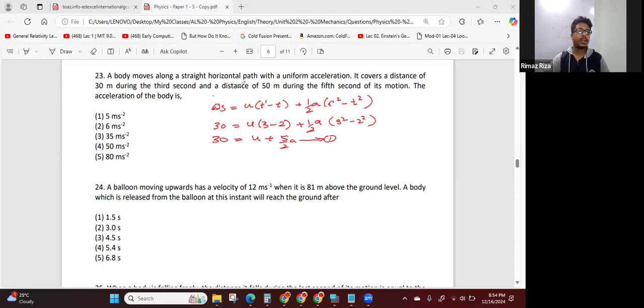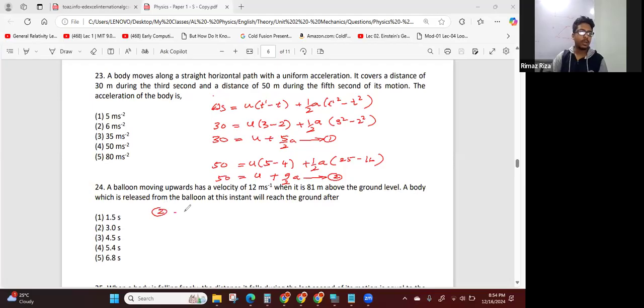Similarly, I can write for the fifth second: 50 equals u times (5 minus 4) plus half into a into (5 squared is 25 minus 4 squared is 16). So here I get 50 equals u plus (25 minus 16 is 9) 9 over 2 times a. So this is equation 2.